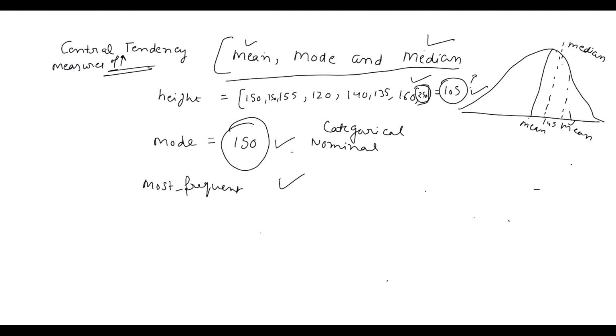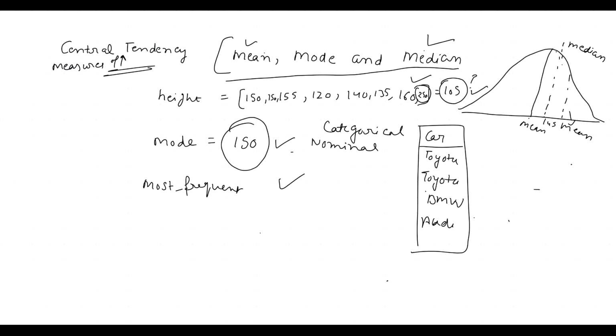I will give you a very good example. Let's say you have one column about car brand. There is a Toyota, again Toyota, then you have BMW, and then you have an Audi, and this is a missing value. So instead of using the mean and median, for this we will apply the mode method.